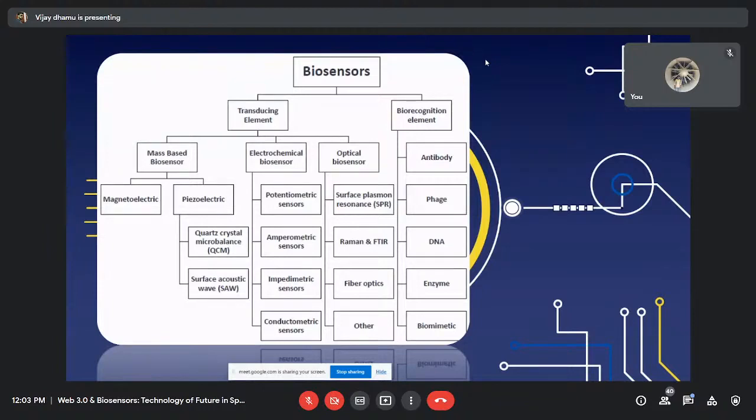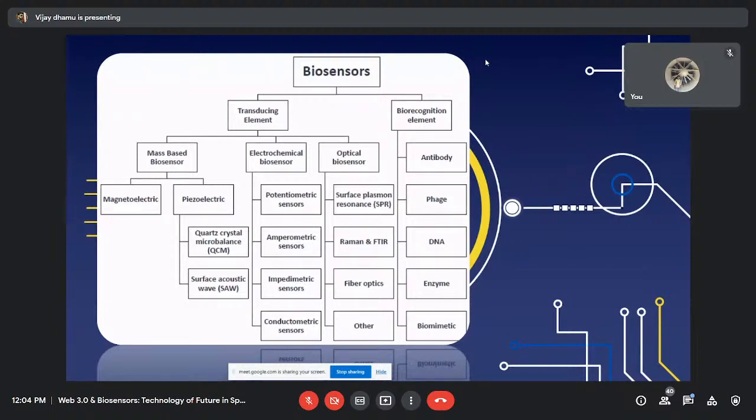The transducing element uses a transducer that converts a mechanical signal into an electric signal, and the electrical signal into a mechanical signal, so that all these signals can be captured and analyzed later. The biorecognition element is about recognizing, using sensors, a particular element in the body, for example blood type, DNA or an antibody.